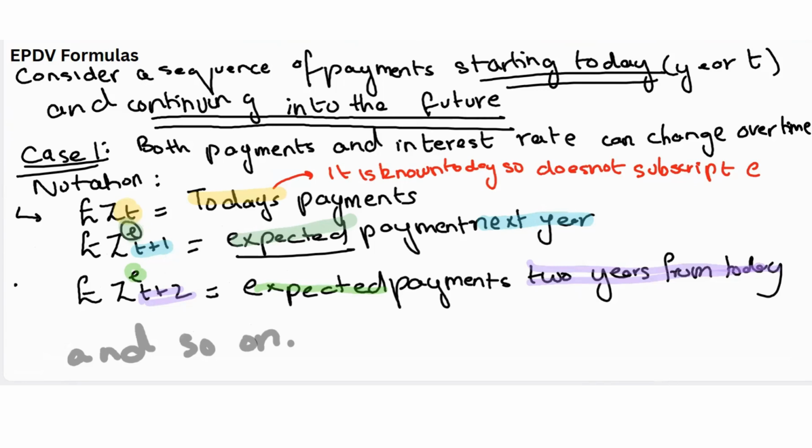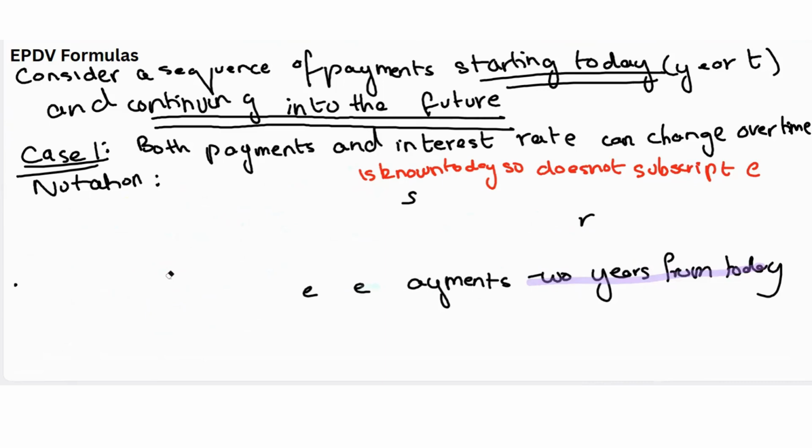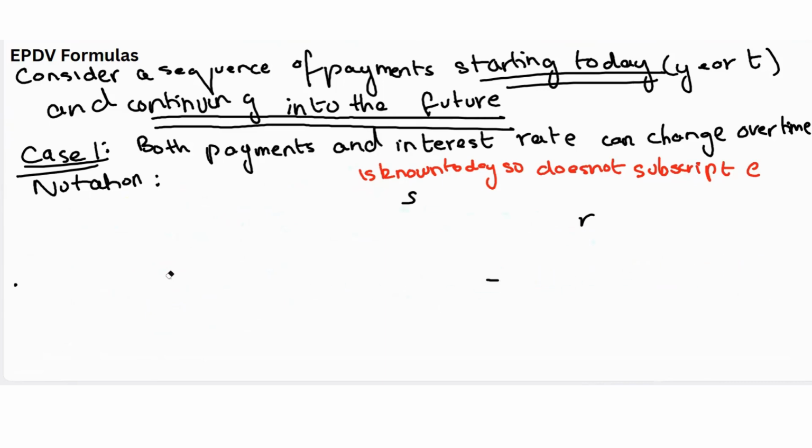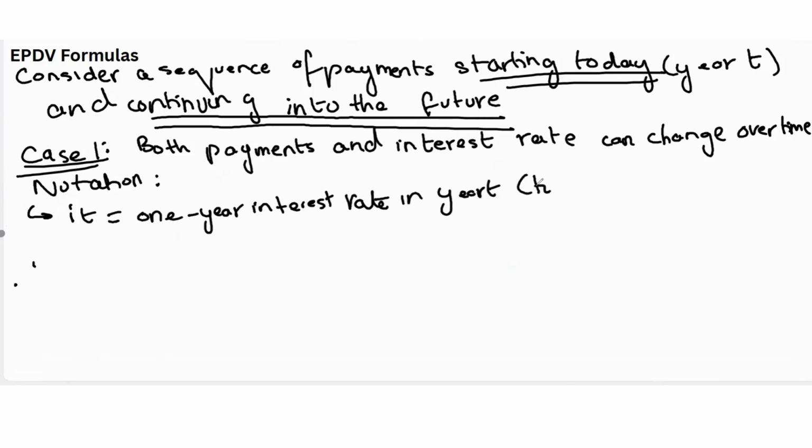Now let's look at the notation for the interest rates, before we actually calculate the expected present discounted value of these payments. The notation is going to be: I_T represents the 1 year interest rate in year T, and year T represents today.